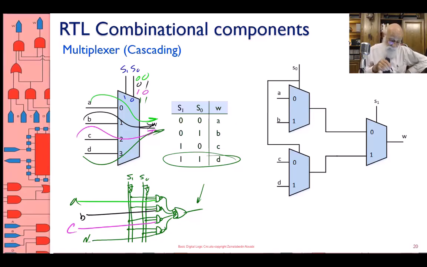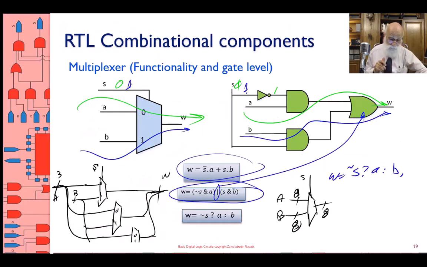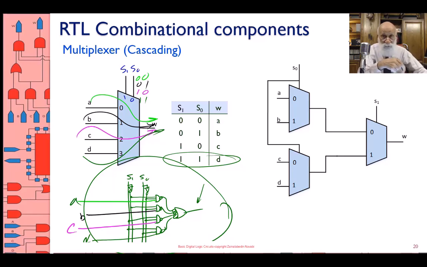But then I can either do it this way, which is directly out of the gates, or I can take this structure that you see here and cascade these structures. Once again, I'm going to show you the same way I did with the decoder. If I cascade these, the resulting hardware will have more delay than if I do it directly like I'm doing here on the lower left.